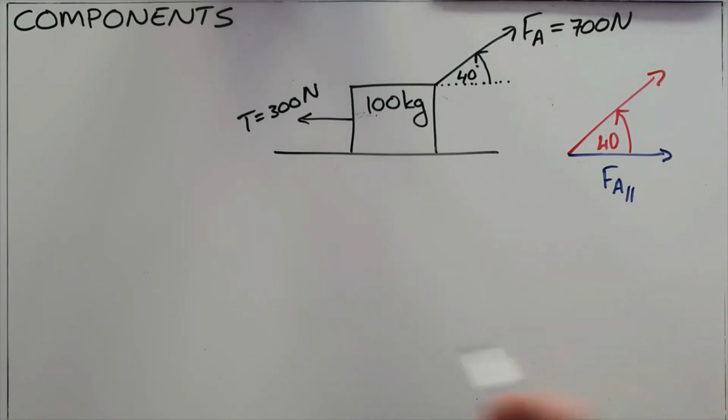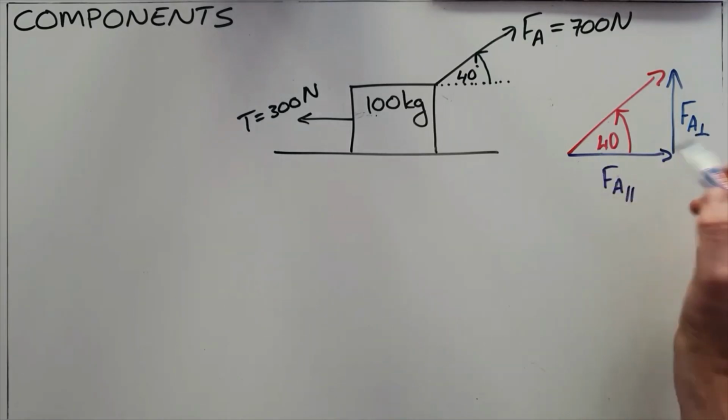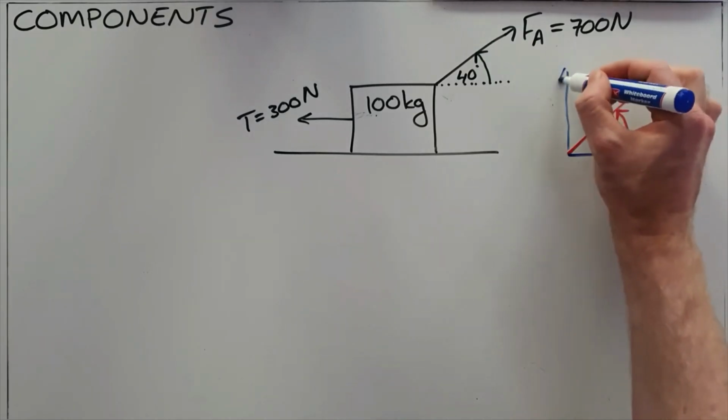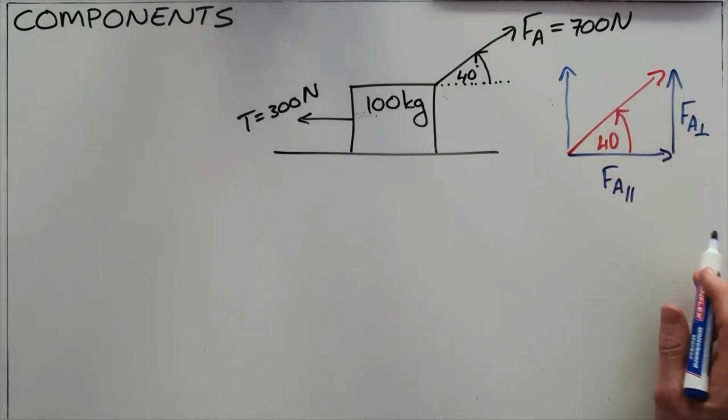And then the other force which we can draw is the component of the applied force that is acting vertically upwards, or perpendicular to the surface, FA perpendicular. Since we are allowed to redraw these forces wherever we want, this FA perpendicular could also be drawn there, and FA parallel could also be drawn there. Either way, the result is the same.